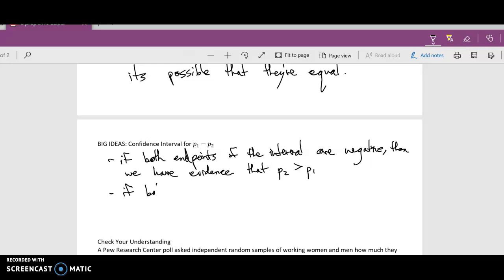If both endpoints are positive, we have evidence that P1 is greater than P2.